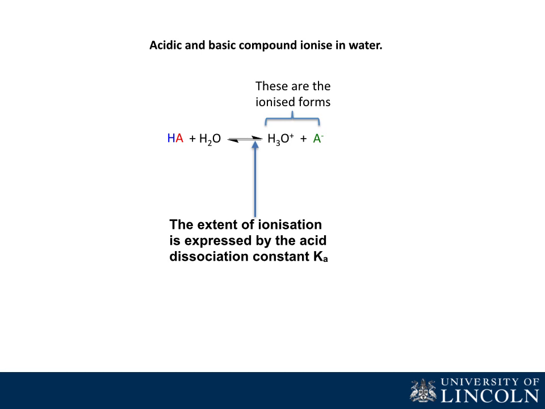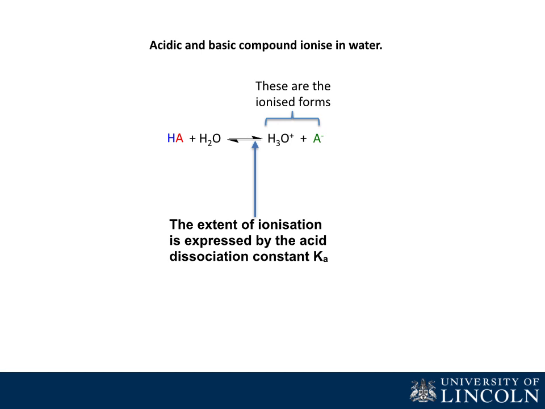Now, the extent to which that acid ionises is expressed by the acid dissociation constant, or the Ka. There is an equilibrium between the dissociated and the undissociated acid.